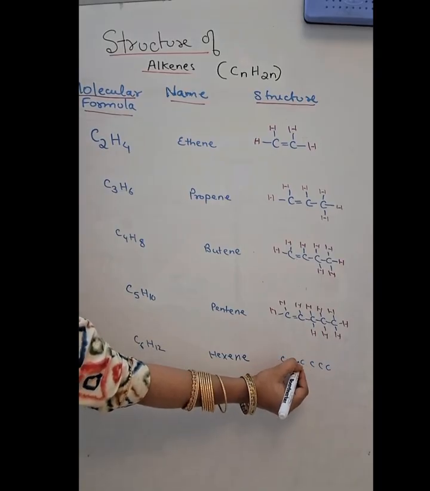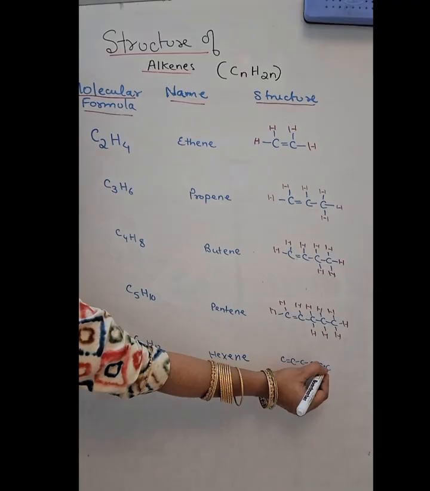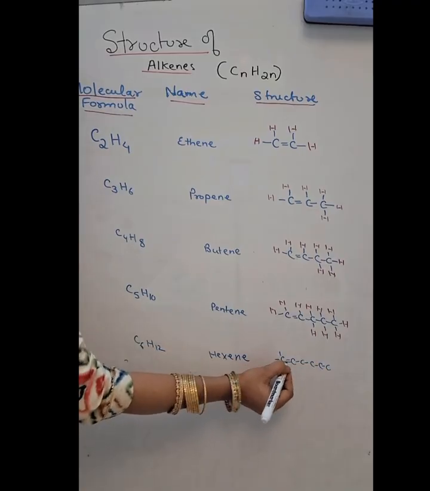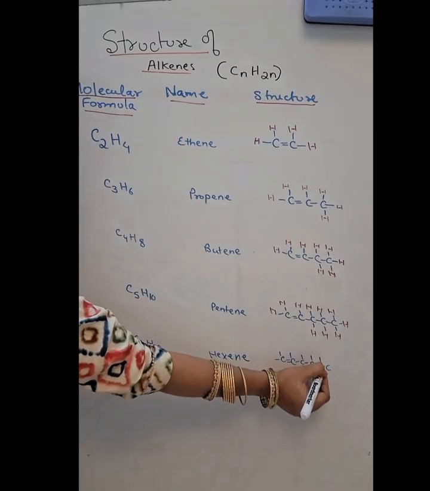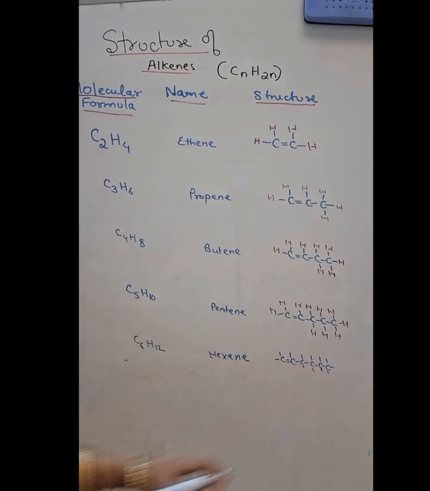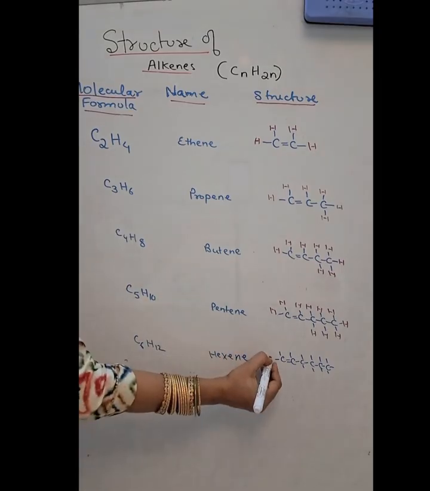The first and second are double bonded. Then we count the bonds on each carbon, and now we will satisfy with hydrogen.